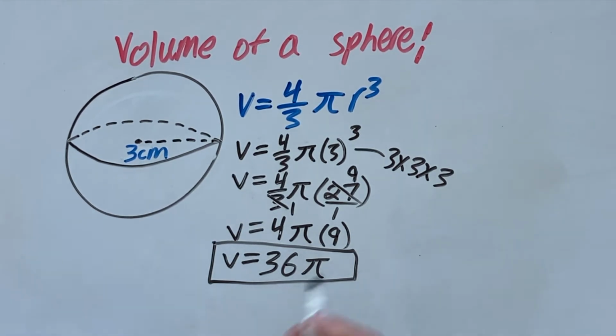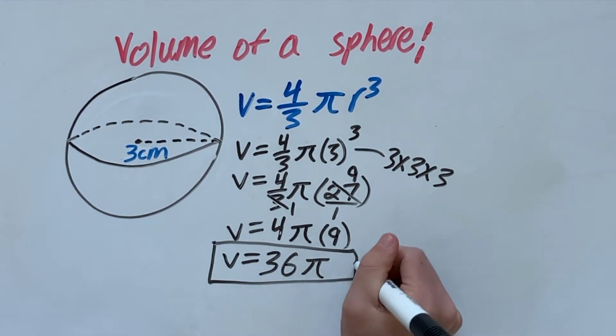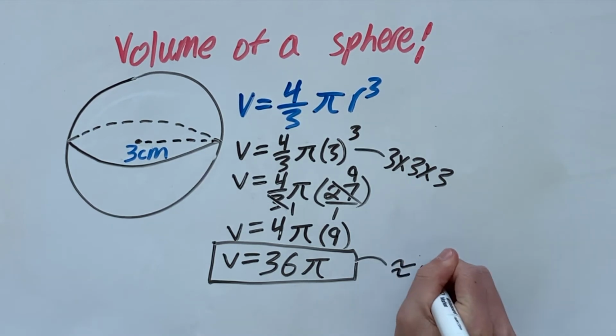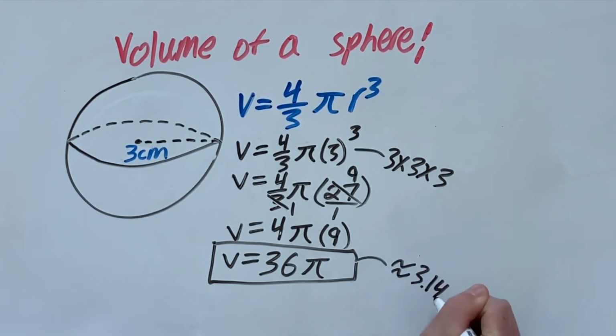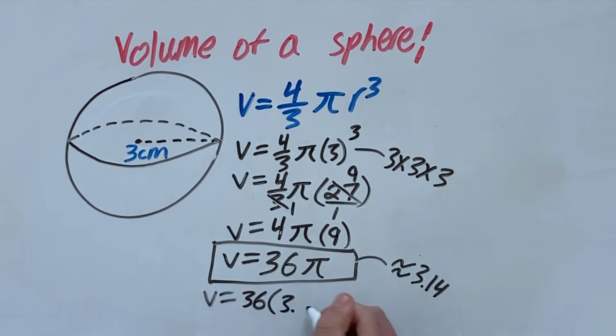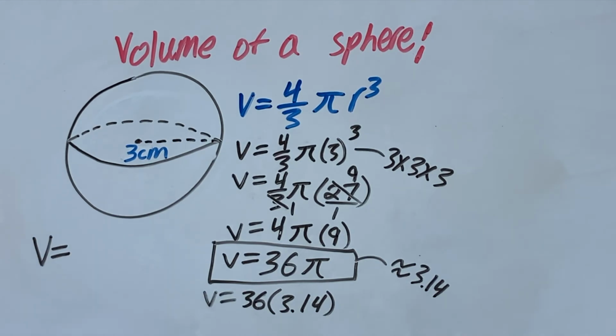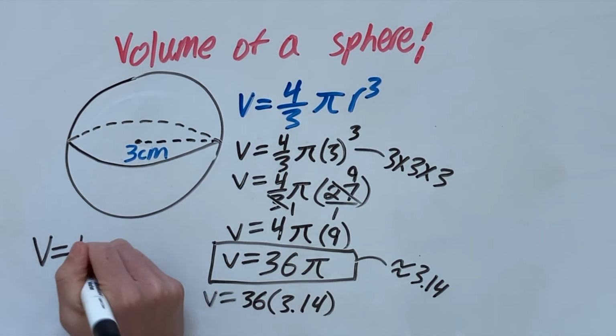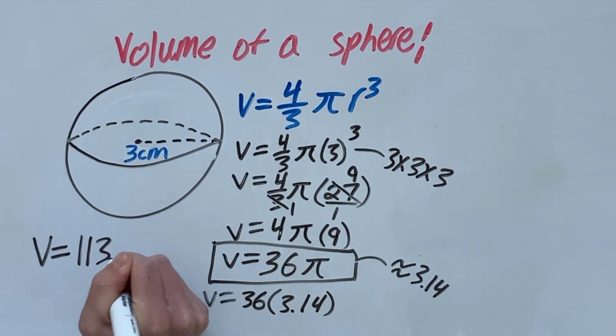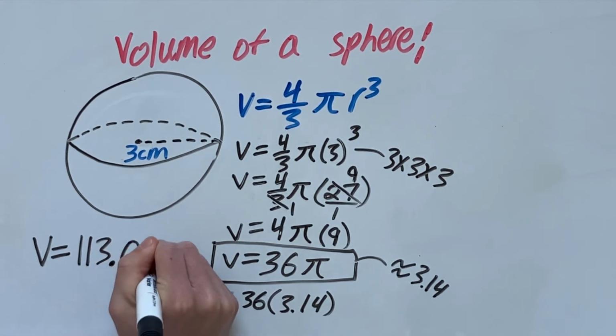But if you want your answer without pi, remember pi is approximately equal to 3.14. Using that, we can have volume equals 36 multiplied by 3.14, giving us a final volume of 36 times 3.14, which is 113.04.